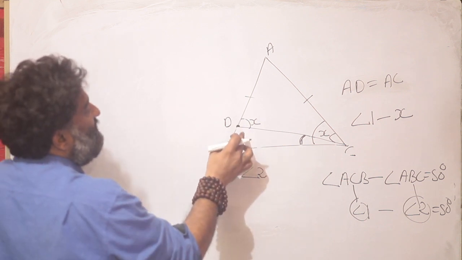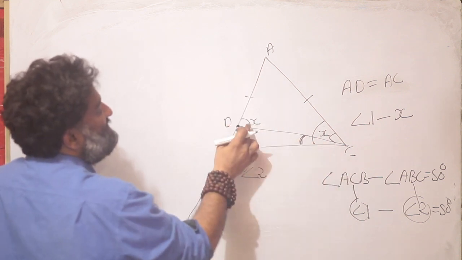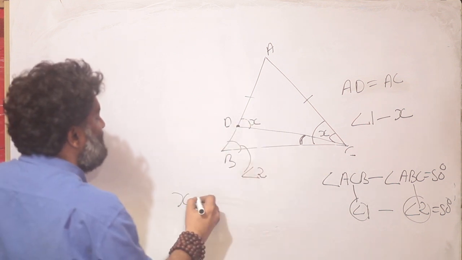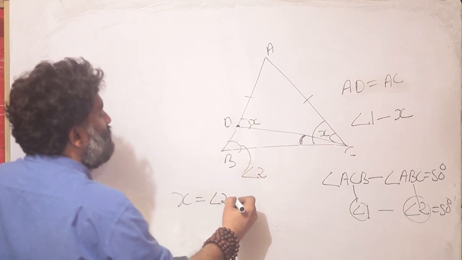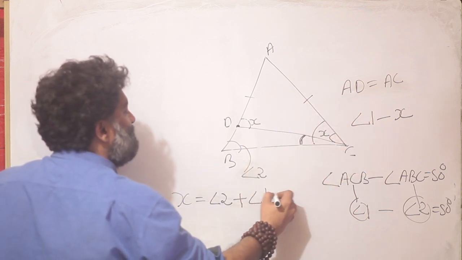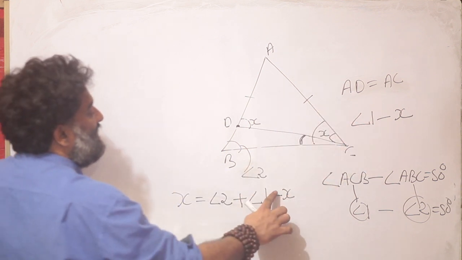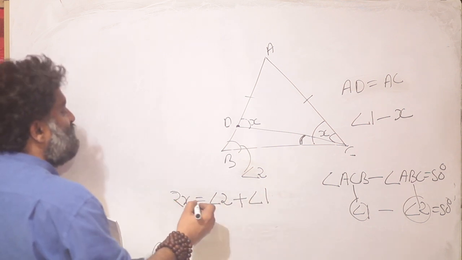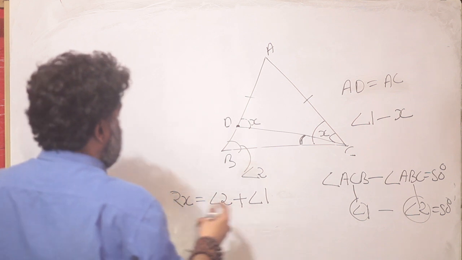I am thinking of angle ADC, which is the exterior angle for this triangle. That means this x is equal to angle 2 plus this angle, and this angle is nothing but angle 1 minus x. Let me move this x here, so I get 2x is equal to angle 2 plus angle 1.